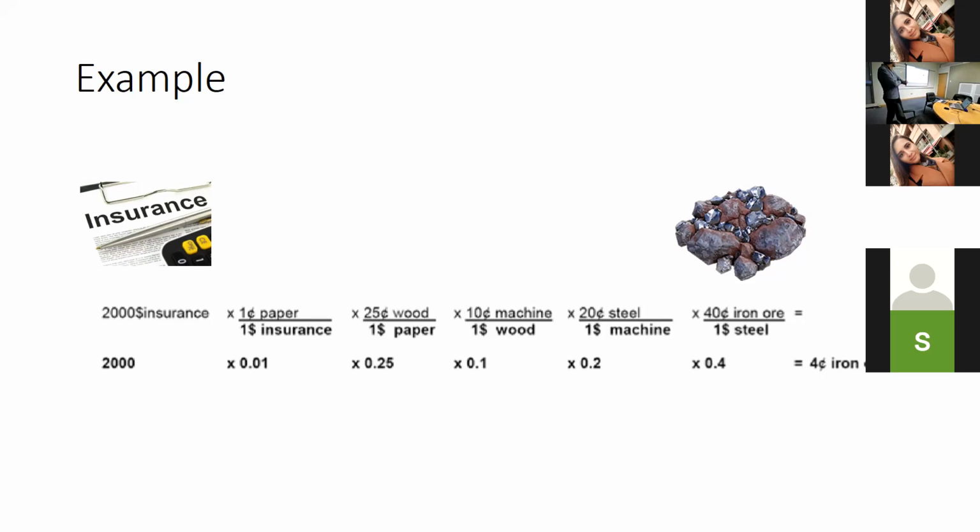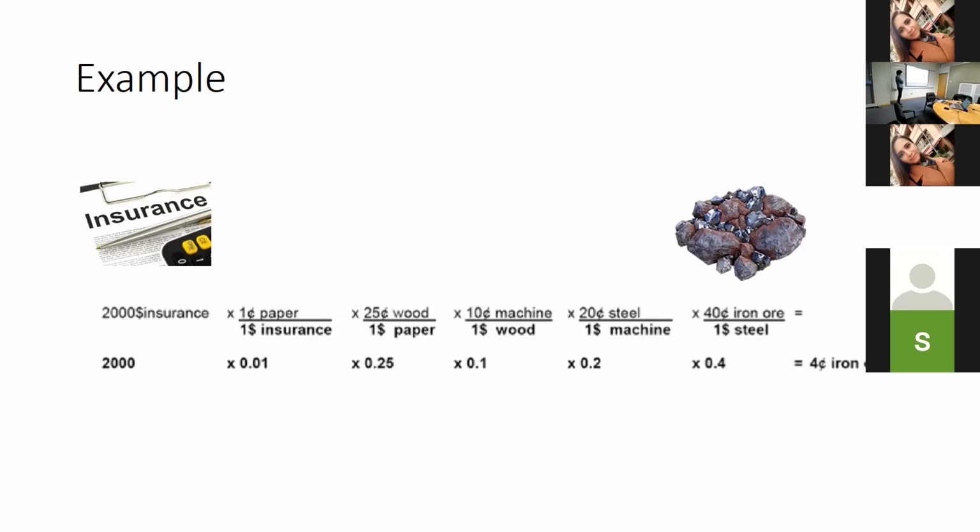the specific supply chain starting from the insurance to the iron ore and answer how much iron ore the single $2,000 policy delivered by the insurance industry needs.